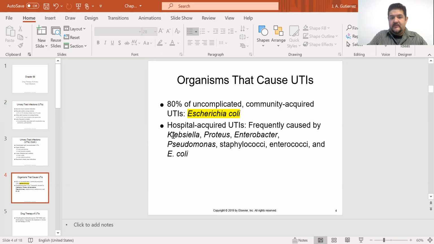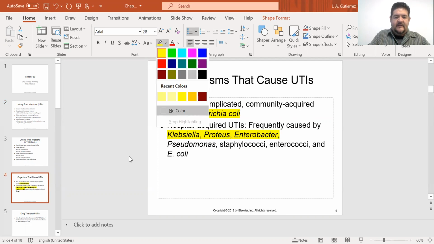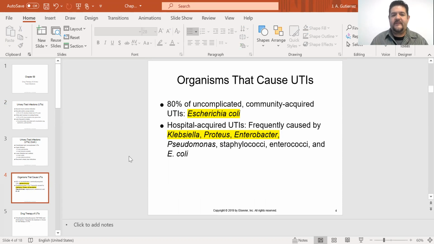In a hospital setting, the most common ones are Klebsiella, Proteus, and Enterobacter. And it's the same reason.